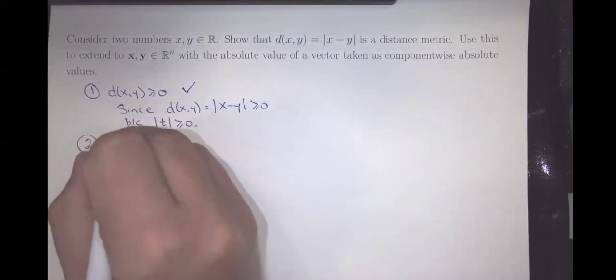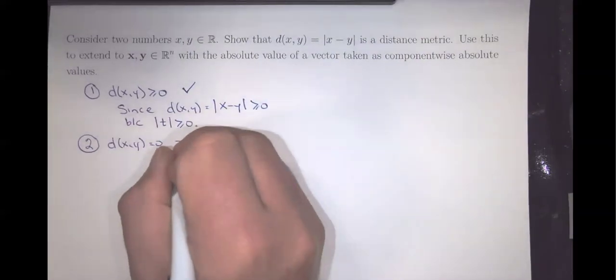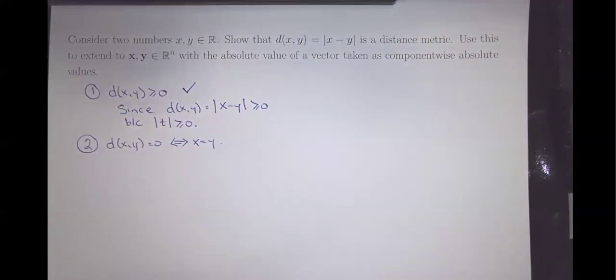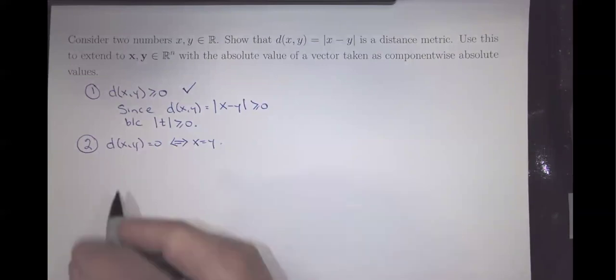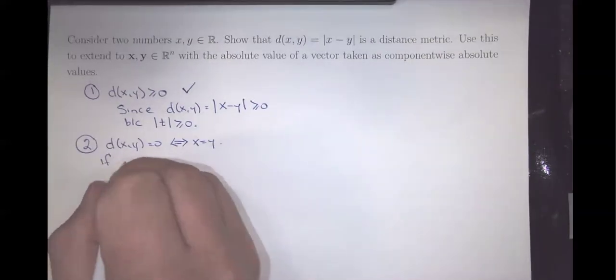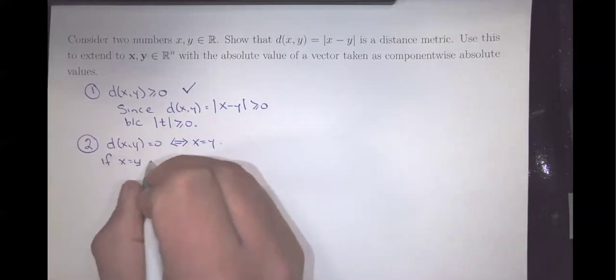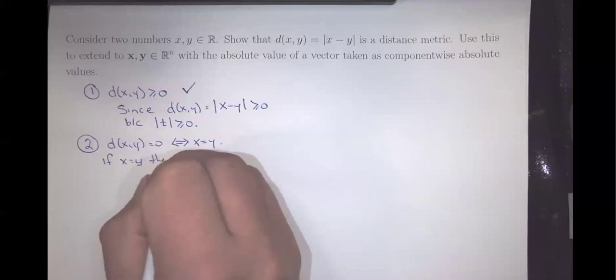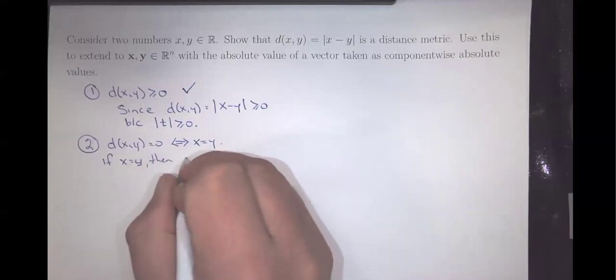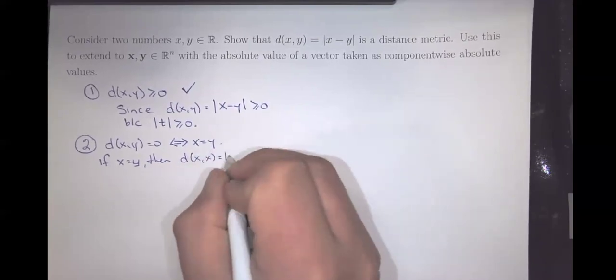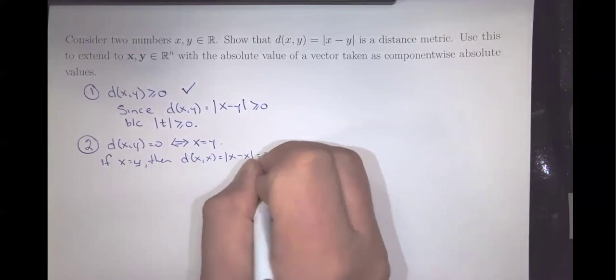Next, the distance between x and y equals 0 if and only if x is equal to y. Well, this one's obvious as well, because if x is equal to y, then the distance between x and x is equal to x minus x, which is 0.